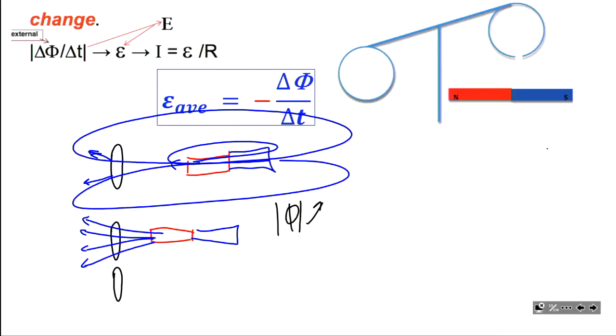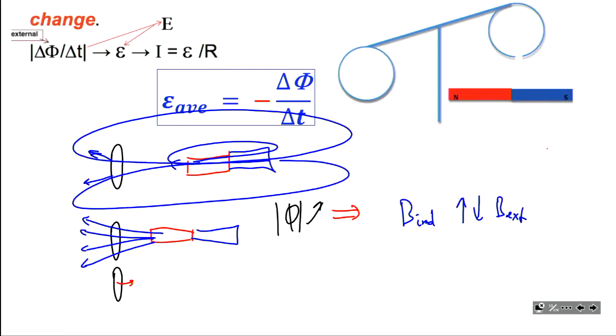And if the flux increases, that means the induced magnetic field should be opposite to the external magnetic field. So the induced magnetic field should point, we can say like that, but relative to you, this direction is to the right.